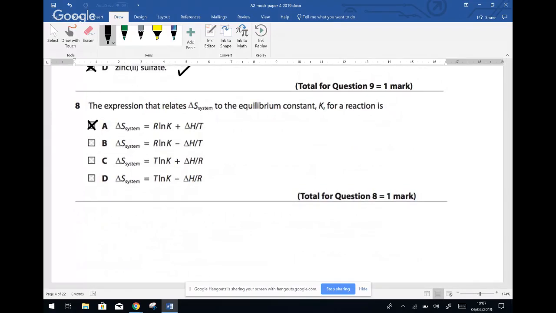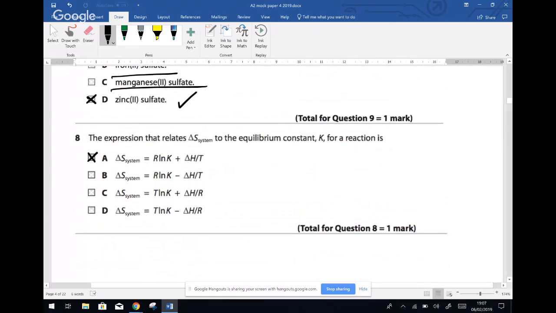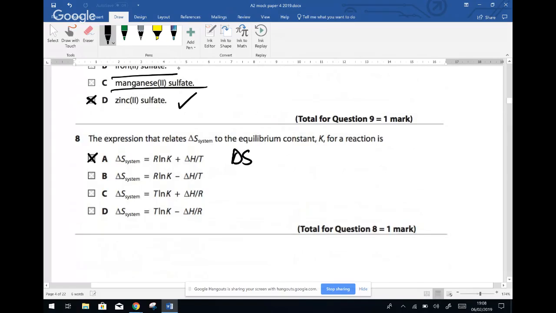This was one of my favorite questions, because God, it makes you work hard for this, folks. So they have given the expression that relates delta S system to the equilibrium constant. God, I had to work hard for this. So we have got delta S for the system, which equals delta S. So, now there's more to this, isn't there?